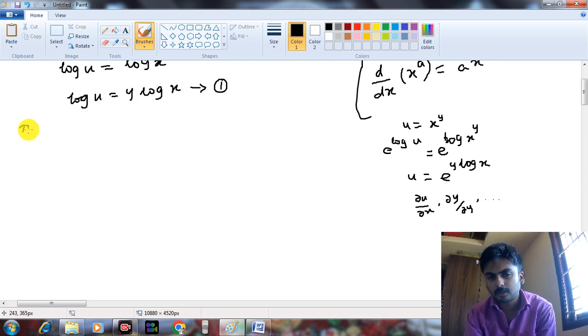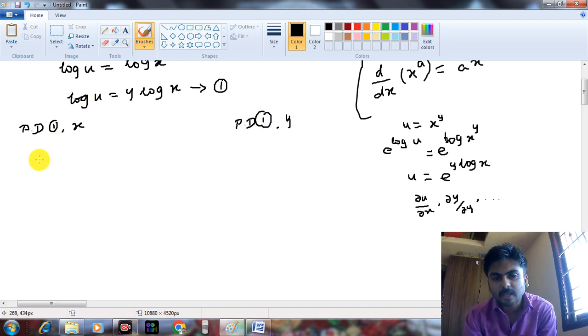So now partially differentiating, partially, that is important, partially differentiating equation 1 with respect to x and partially differentiating equation 1 with respect to y.